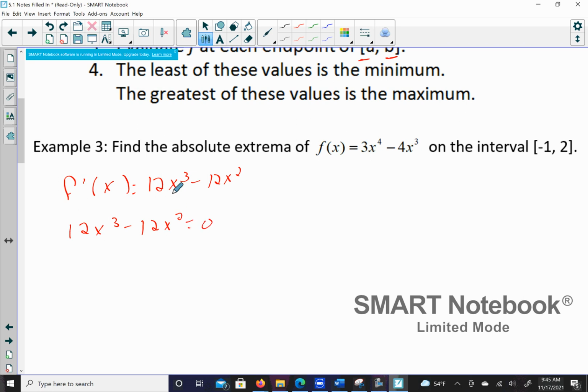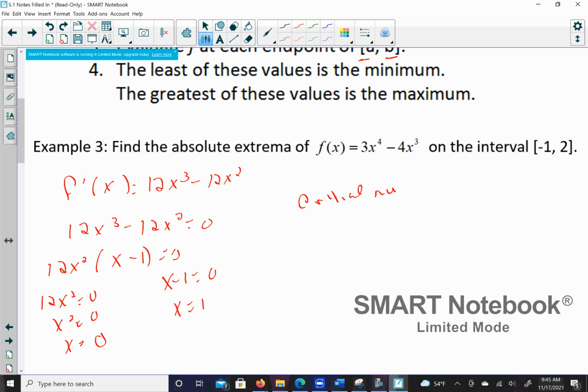When I do that, I'm going to factor out a 12x squared, because I think that would just be easier, and I'll be left with x minus 1 is equal to 0. Set both of these equal to 0, so 12x squared is equal to 0, x squared is equal to 0, x is equal to plus or minus 0, which is just 0. Then I'm going to have x minus 1 is equal to 0, so x is equal to 1. So I have two critical numbers.